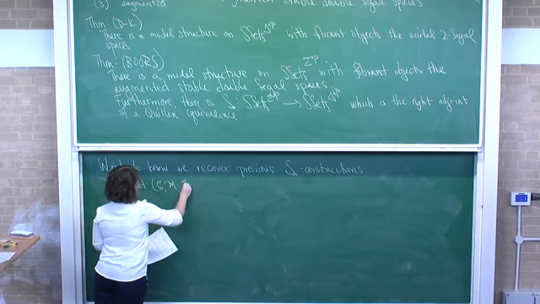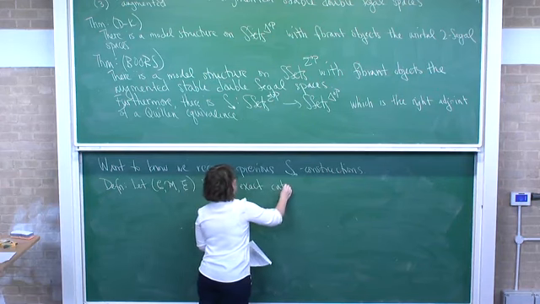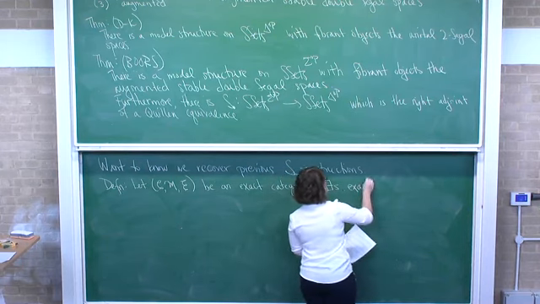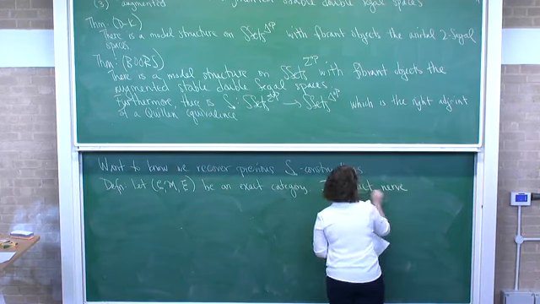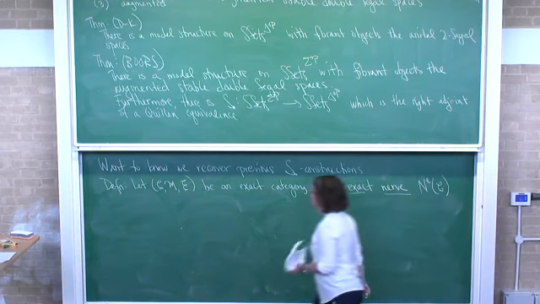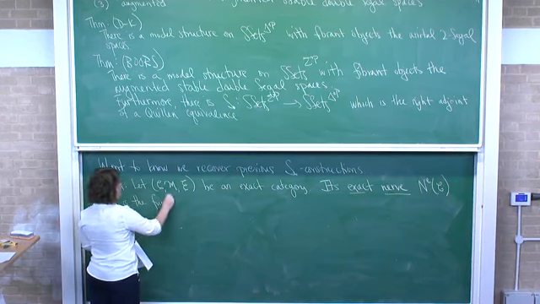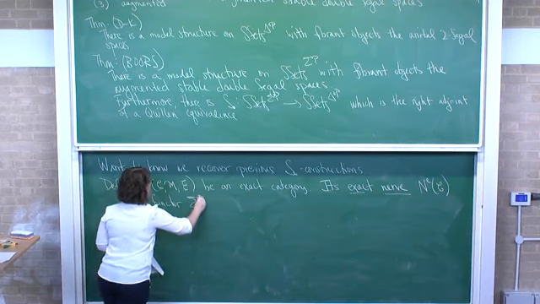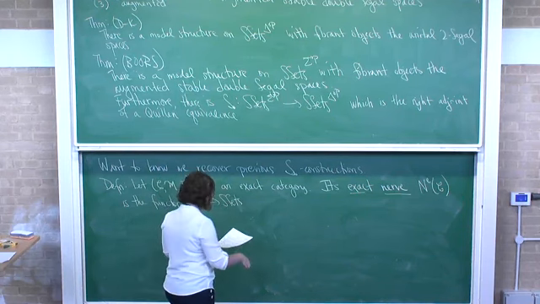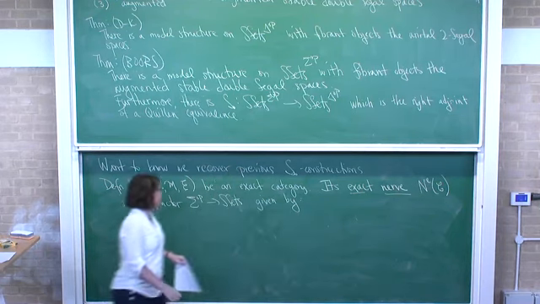So take an exact category, and then its exact nerve is denoted by N upper E of C. We want this to be a functor from sigma op to simplicial sets, given by the following thing.